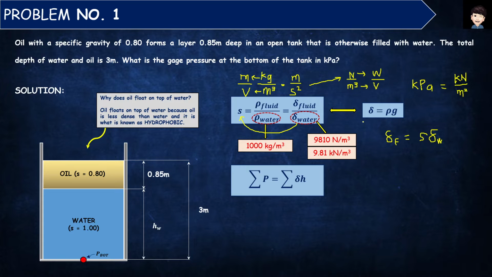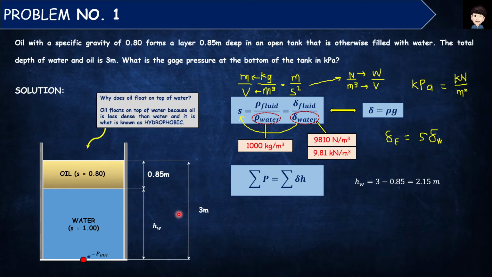Okay? Tingnan ulit natin yung figure. Makukuha na rin pala natin yung value ng HW. Wherein, HW is equal to 3 minus 0.85 meters equal to 2.15 meters.